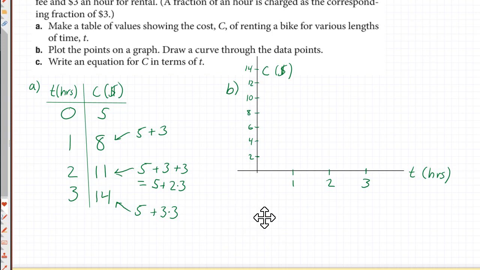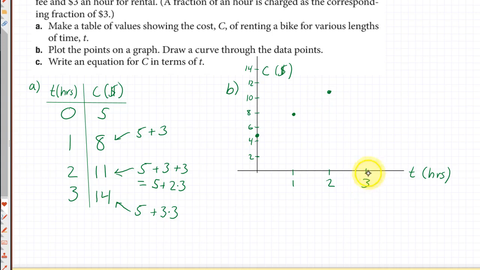Then let's put the xy points, or in this case the t-c points. So we have when t is 0, c is 5. That should go right here. When t is 1, c is 8. That goes right here. When t is 2, c is 11. There.